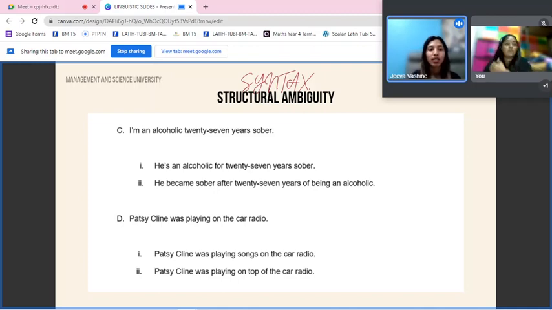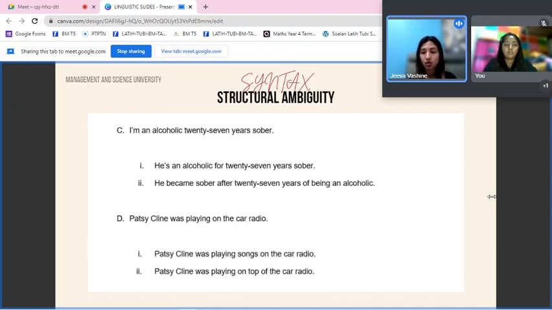From the article we chose: I'm an alcoholic 20 years sober. There are two meanings: he's an alcoholic for 20 years sober, or he became sober after 20 years of being an alcoholic.